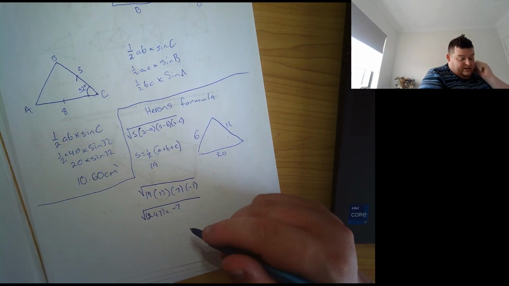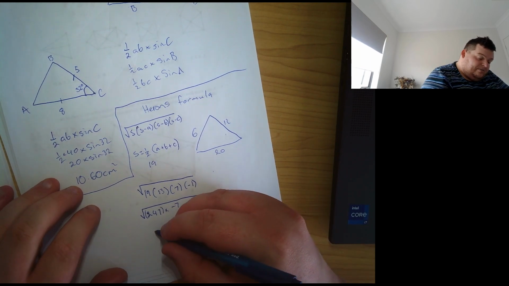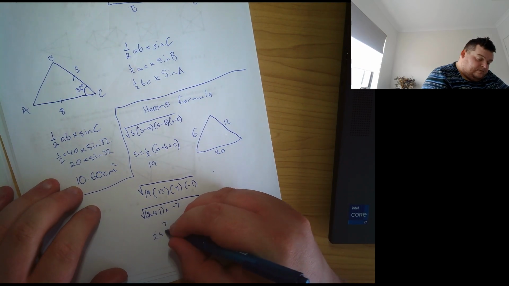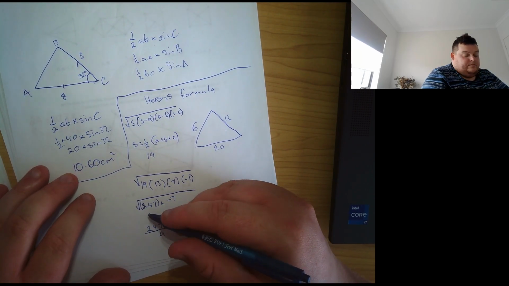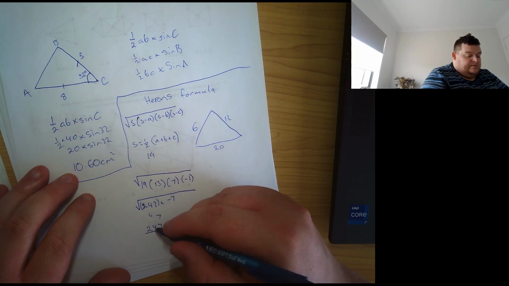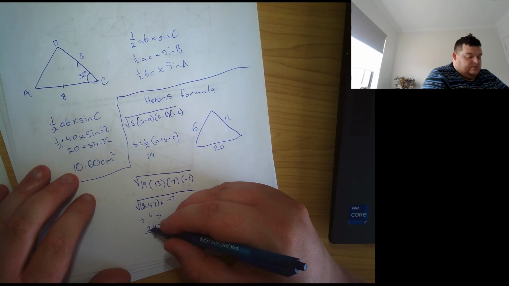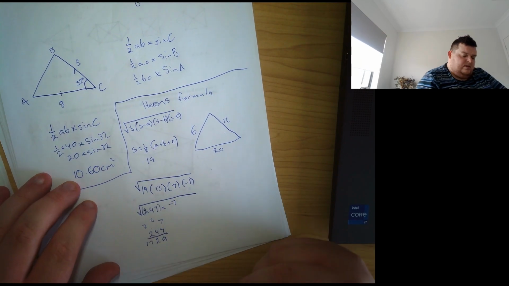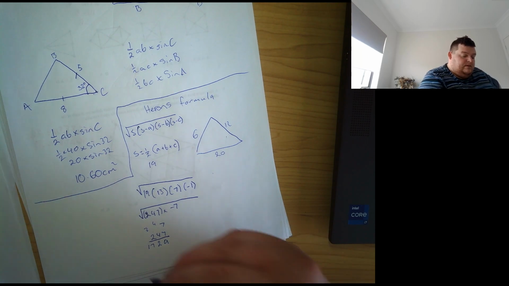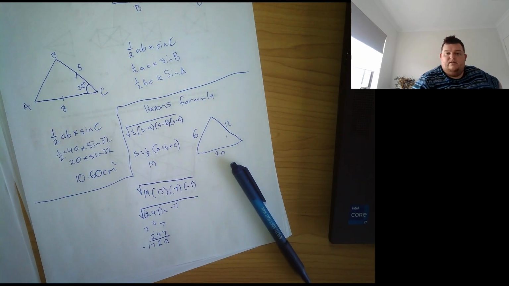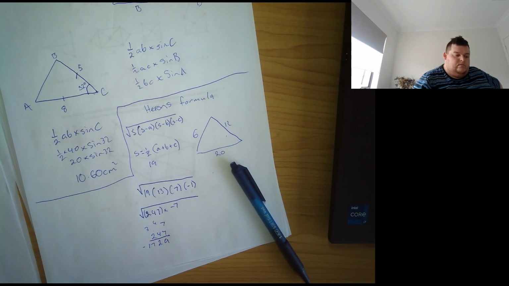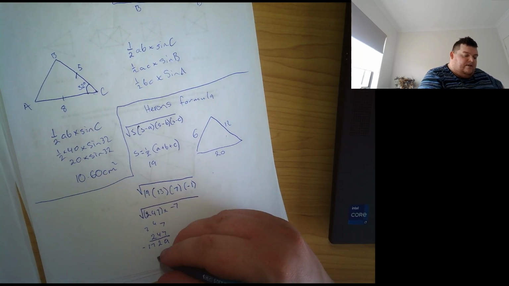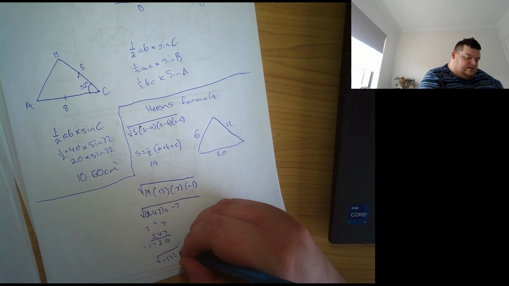I might have to do the formula way, so I know it's a bit boring. 7 is 49, 7 4 is 28, which is 2, carry the 3, which is 14, 17, 29, maybe, negative. Which gives us a negative value, and you've got to square root that, and you can't square root a negative value.